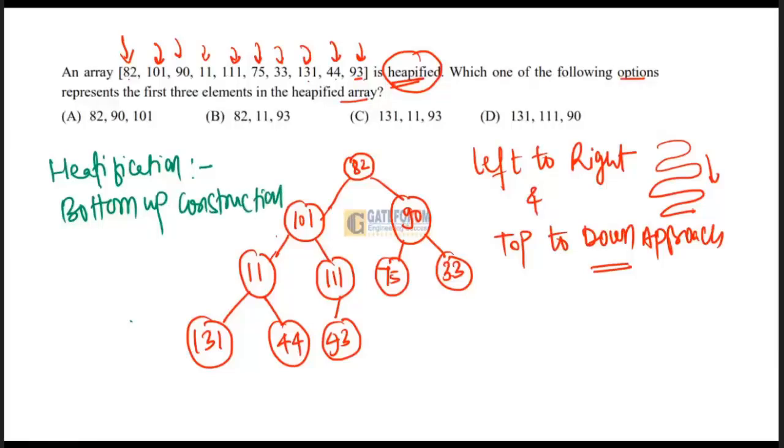If you can see how many elements we have: 1 2 3 4 5 6 7 8 9 10. So in our complete binary tree we have 10 elements.